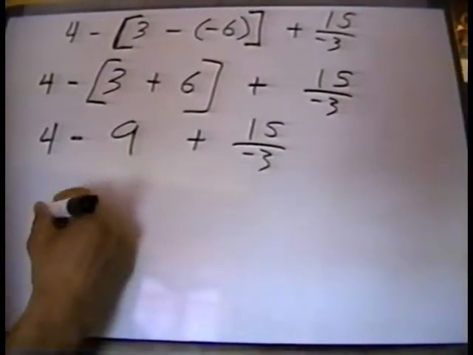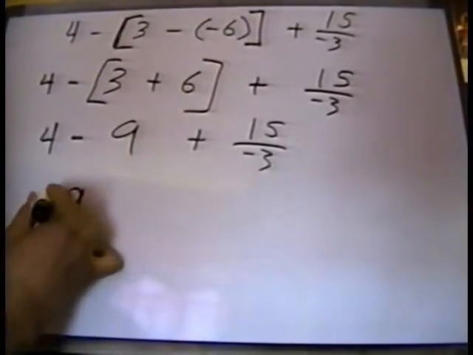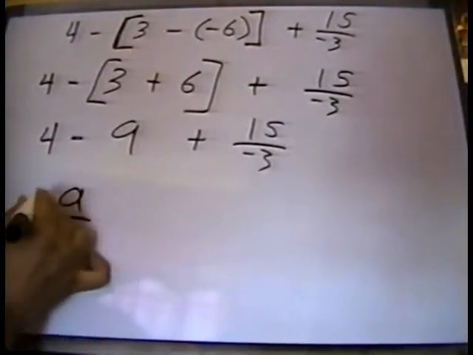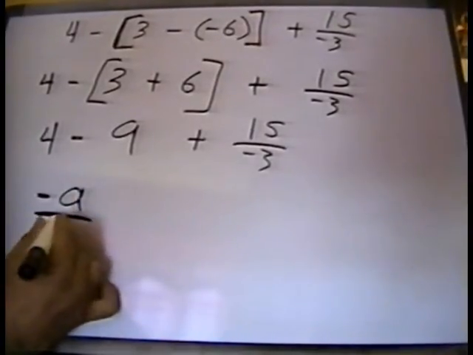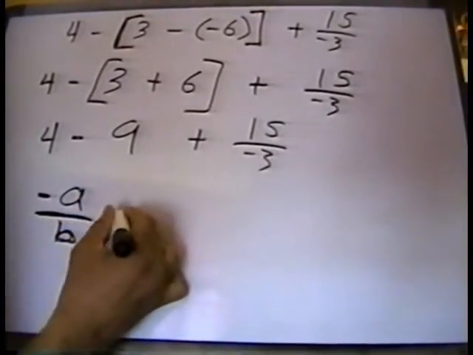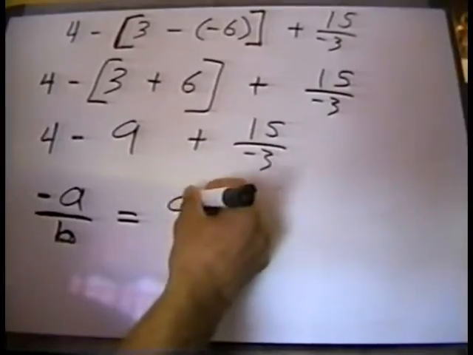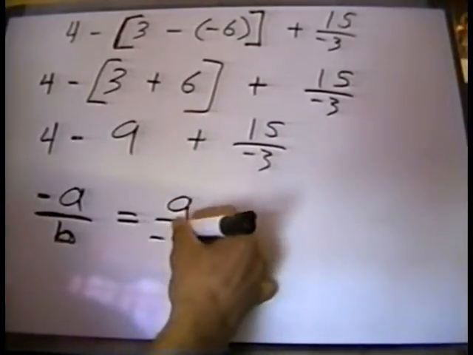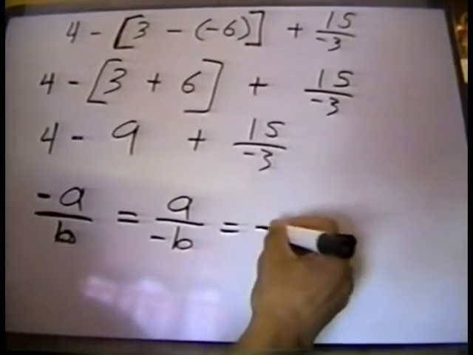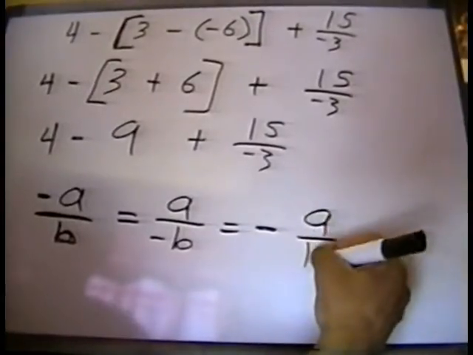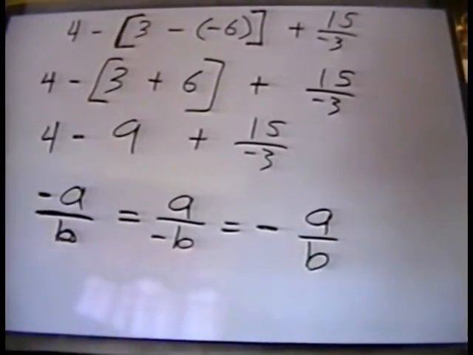Now, within fractions, a negative sign in a fraction, it doesn't matter where it is. It could be negative a over b, or a over a negative b, or negative a over b. Okay, it's still a negative number. These are all equivalent.